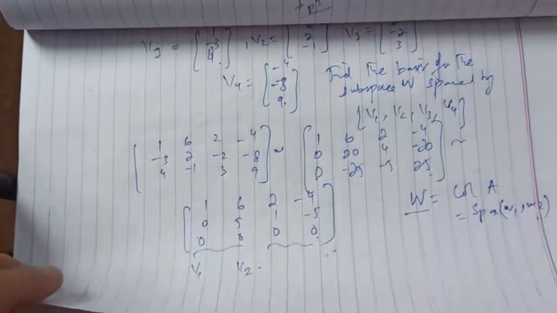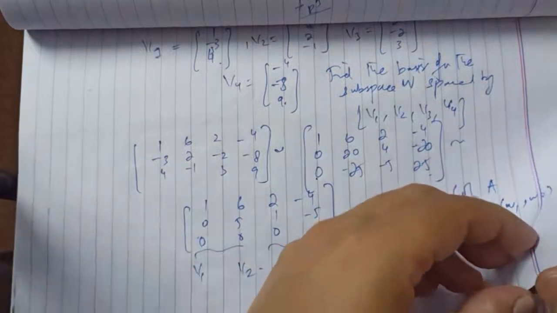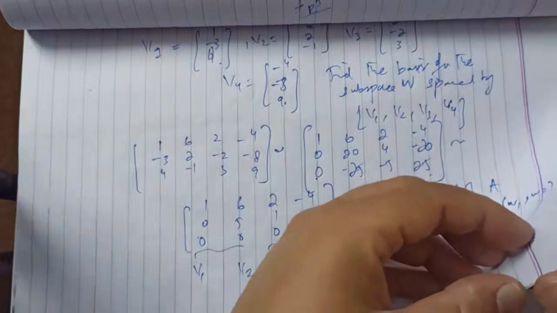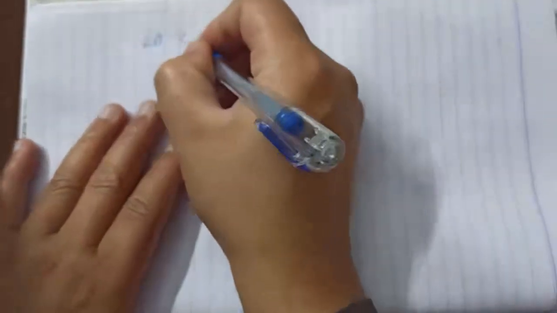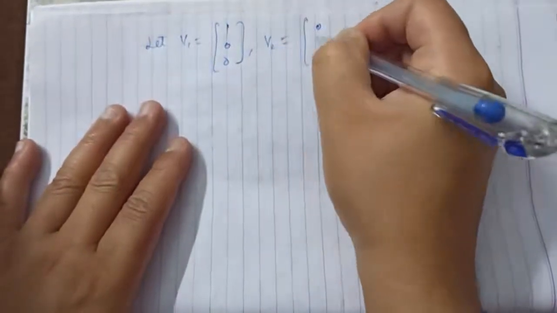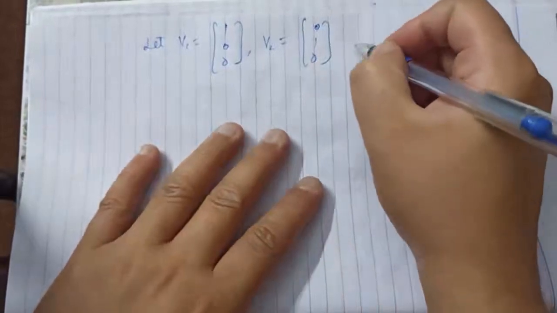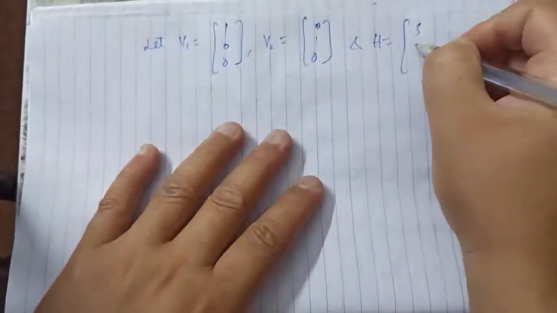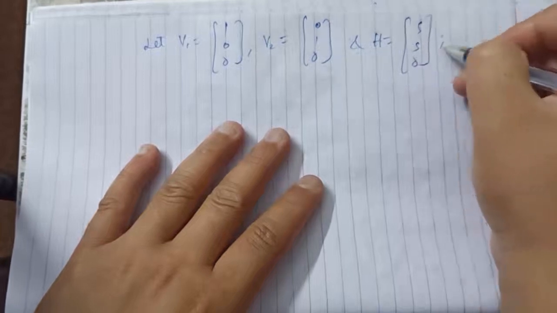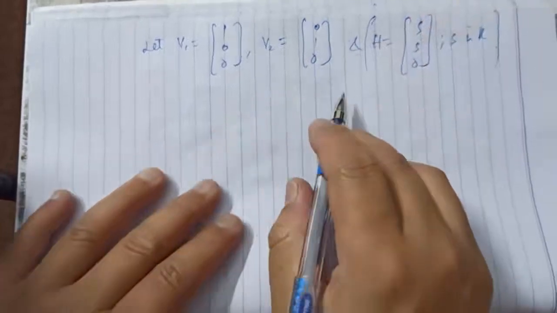Similarly, we can do another example. Let's say that v1 is equal to 1 0 0, v2 is equal to 0 1 0, and H is equal to the set of vectors s s 0 with s in R, so it means s is a scalar quantity, a real number.